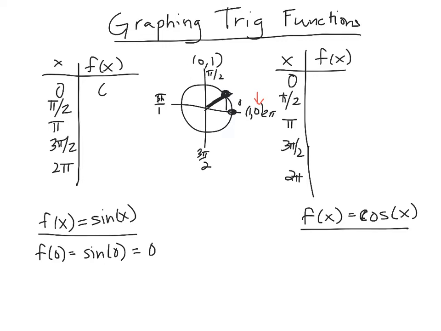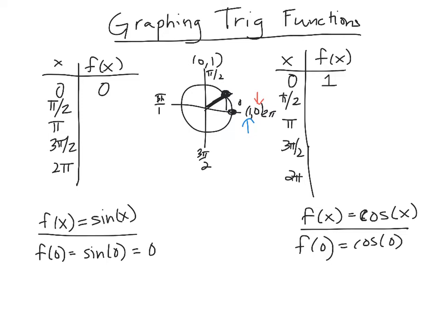So we're going to put that here. And cosine of 0 would just be the x coordinate. So cosine is the x coordinate at 0. And the x coordinate at 0 is just 1.